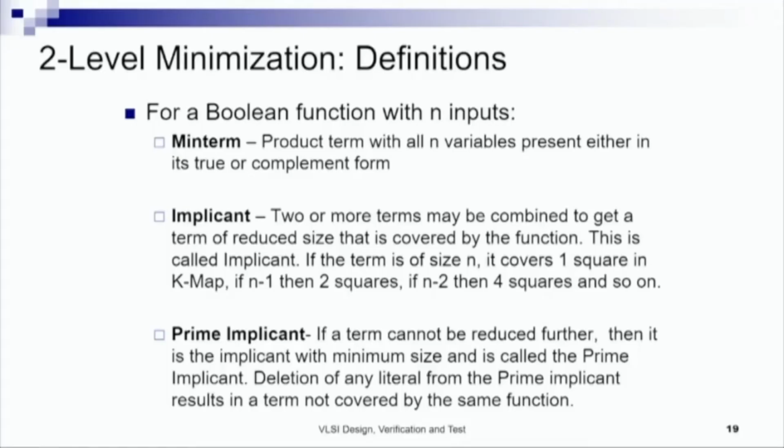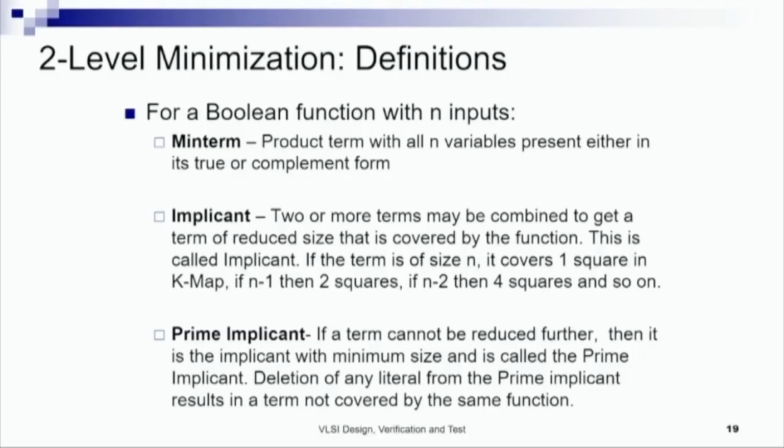That is an error. So if a term cannot be reduced further, because it will then cover some of the zeros in the Karnaugh map, then it is the implicant with the minimum size that is possible, and is called a prime implicant. So deletion of any literal from the prime implicant results in a term not covered by the same function.